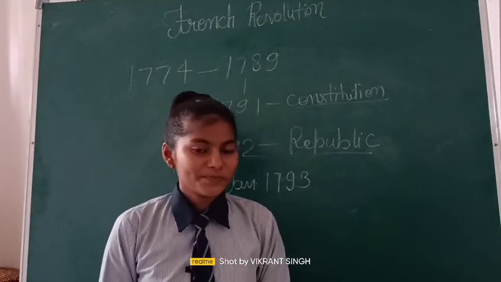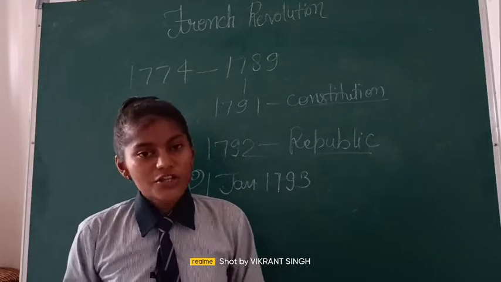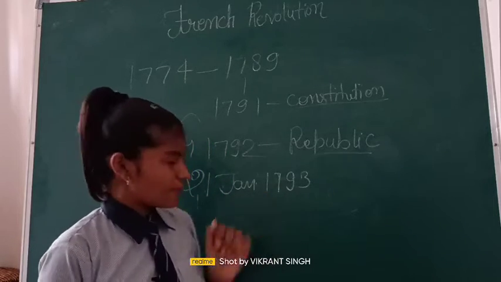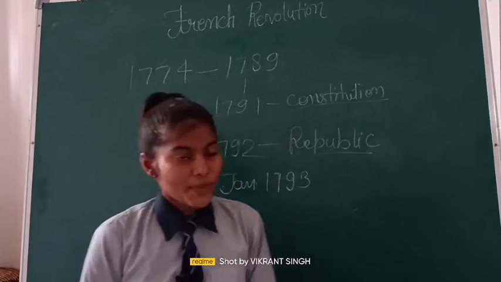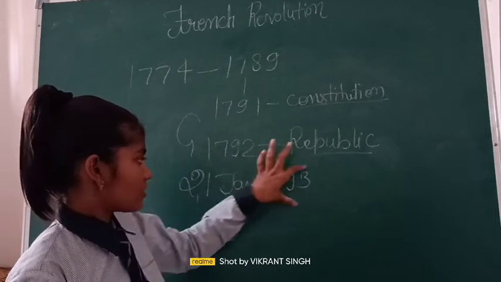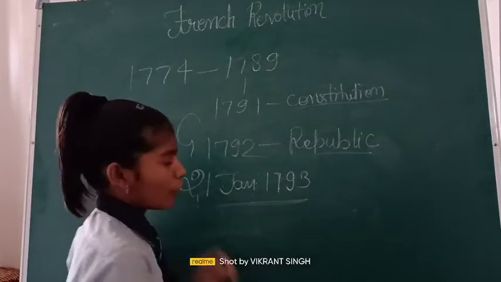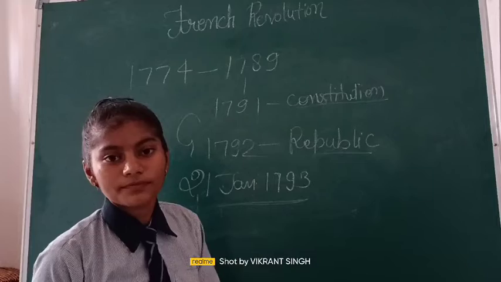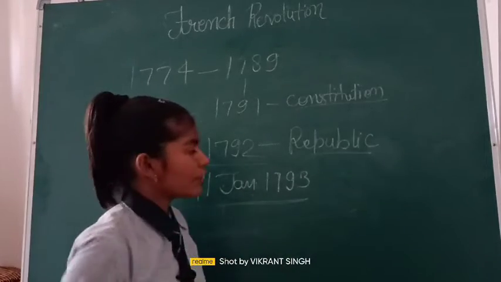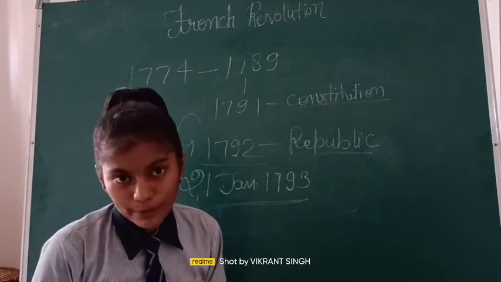And shortly after, his wife Marie Antoinette met the same fate. Now this is the date at which the monarchy ended, but the constitution was framed here. Then after 1792 it became Republic France.